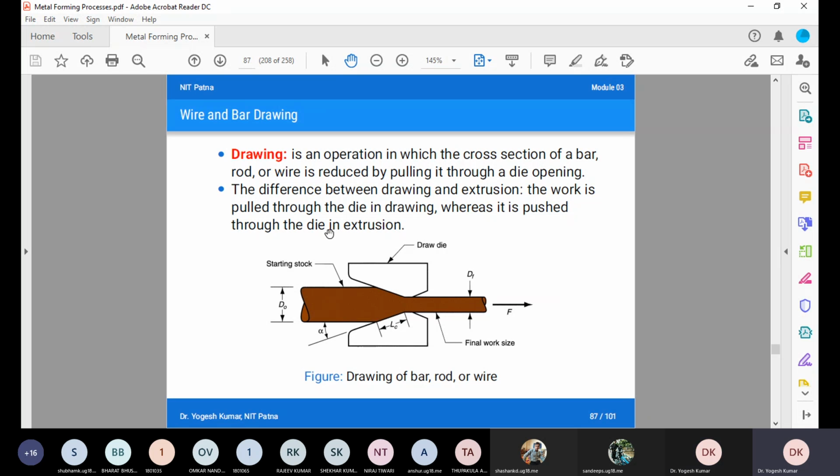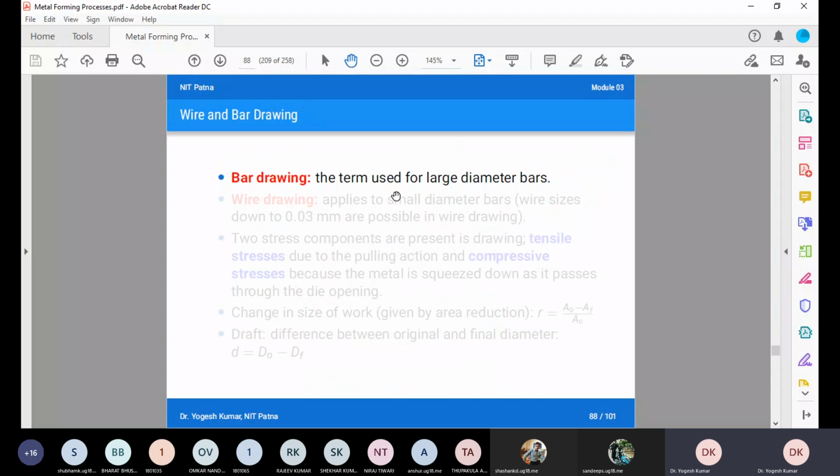In the case of wire and bar drawing, the term bar drawing is basically used when the diameter of the rod or bar is large.